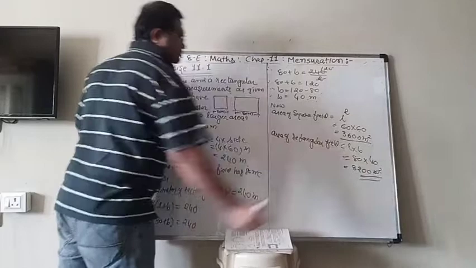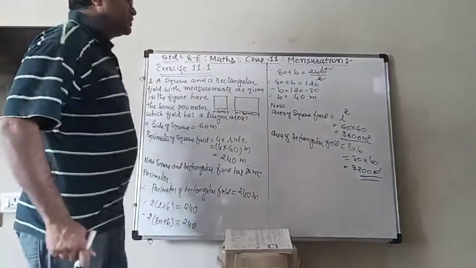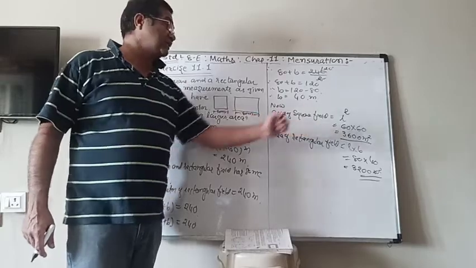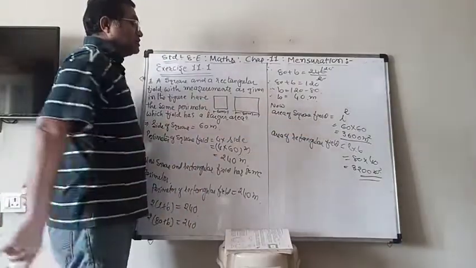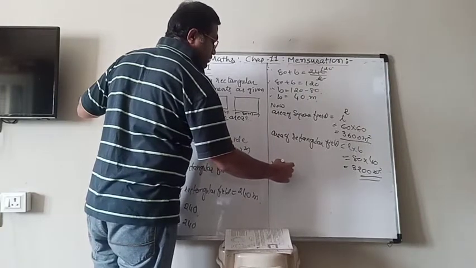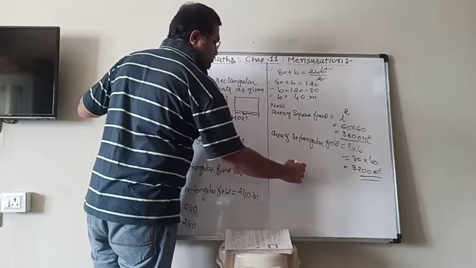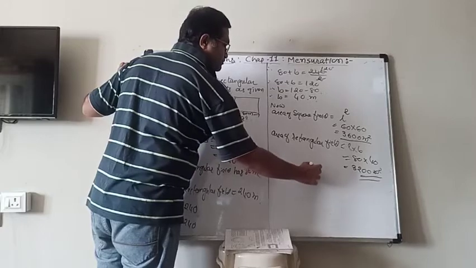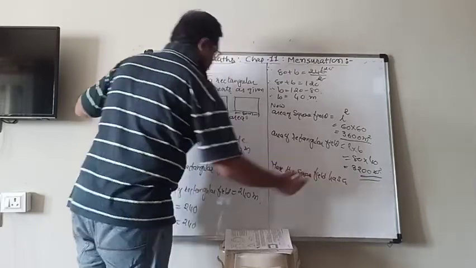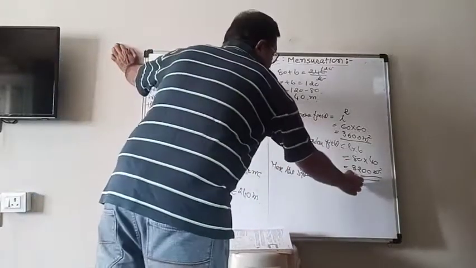Now you can see that the area of the square field is larger because it is 3600, but the rectangular is 3200. So the square field has a larger area.